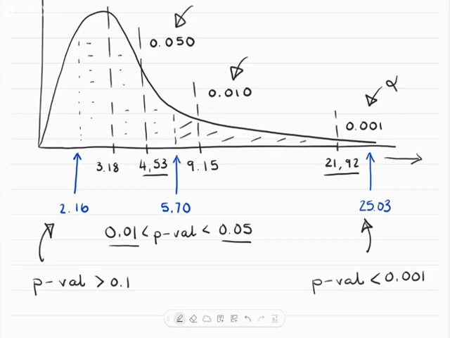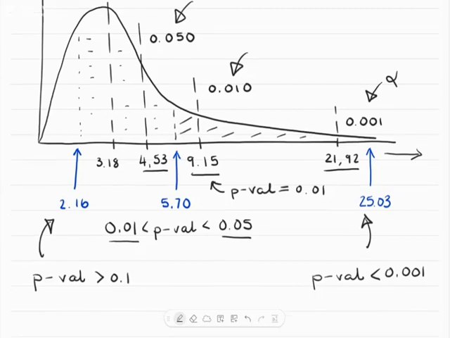So if you're asked to find a p-value, this is how you're going to do it, especially if you can't find the value directly in the table. If you could find it directly, like if your test statistic was 9.15, you'd give your p-value as equal to 0.01 because that one's in the table.